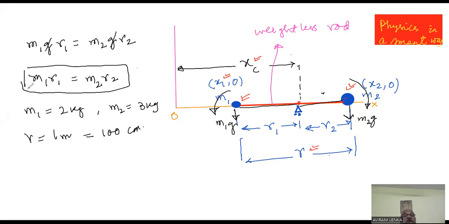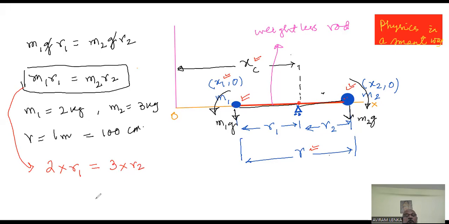And we know that is very simple and very straightforward. We just put in the formula M1 R1 equal to M2 R2. M1 equal to 2 kg into R1, which we do not know, will be equal to M2 equal to 3 kg into R2.